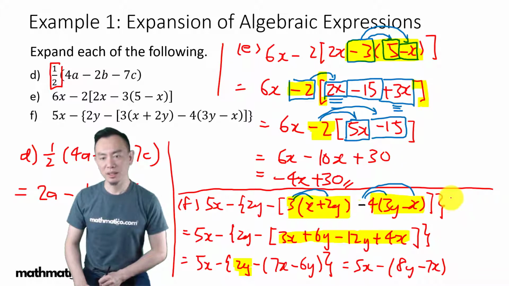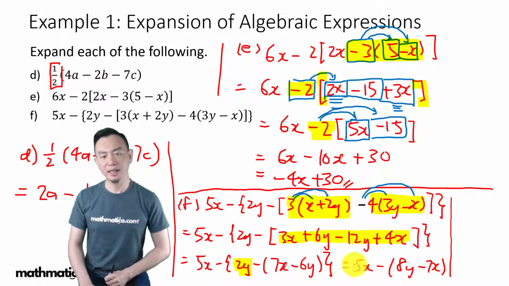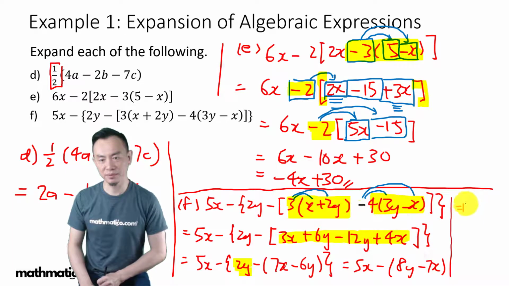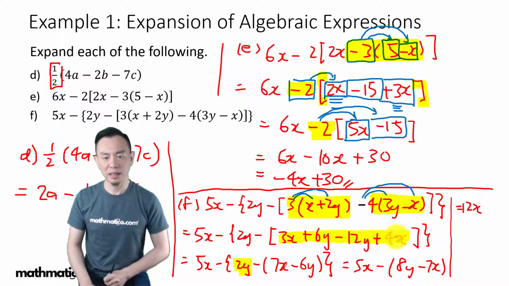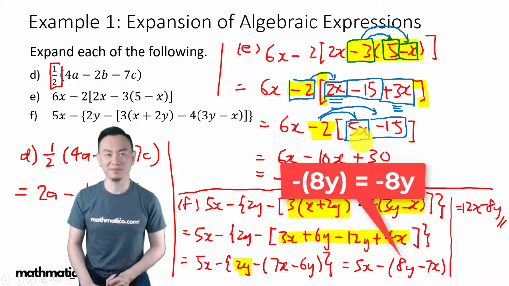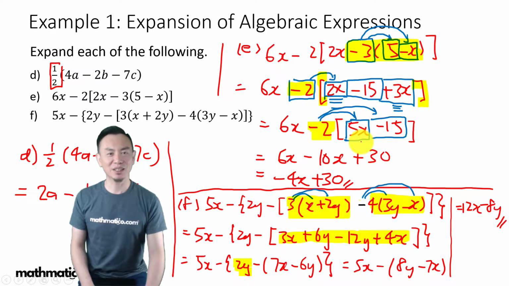So from here, we can see that 5 minus negative x, minus negative is a plus. So if you look at the x first, you have 5 minus negative 7, which is 12x. Then you look at the y's, negative 8y. And that's it. Okay, you give it a try.